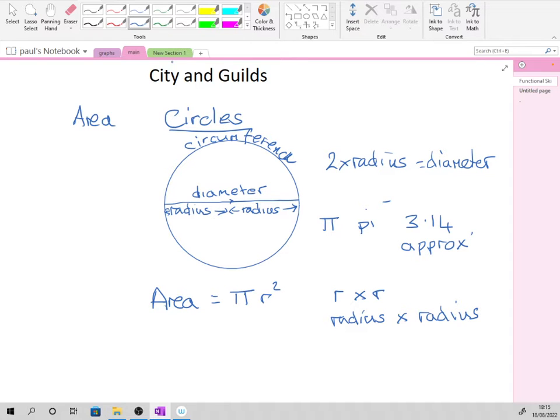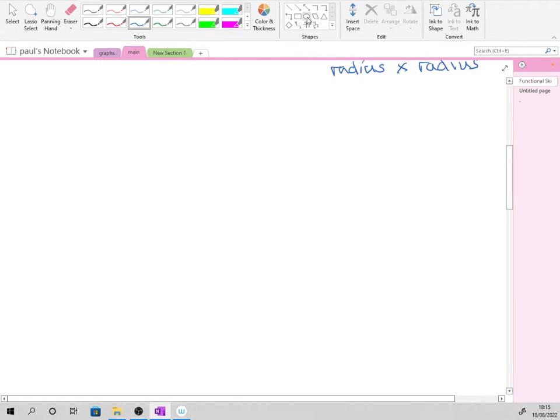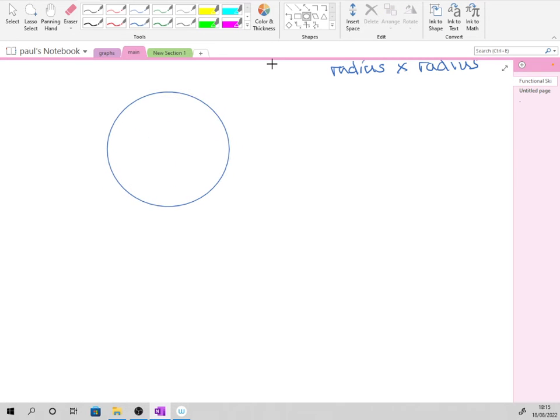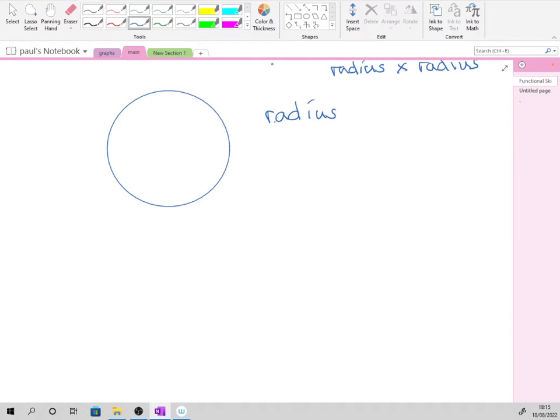You might be given the diameter, you have to half it to find the radius, and then square it, and then multiply it by pi. So let's have a look at a couple of questions here. We could have a circle with a radius of 8 centimeters.